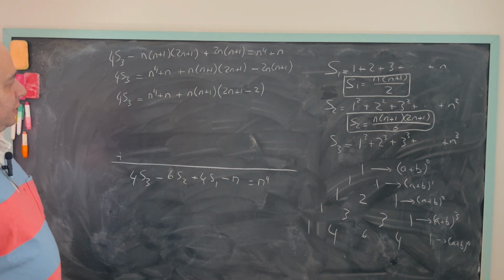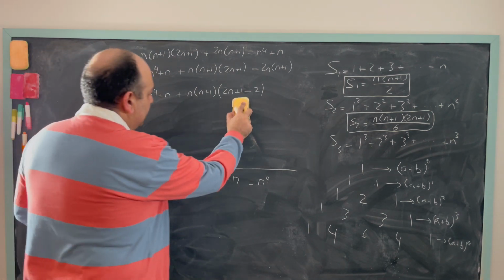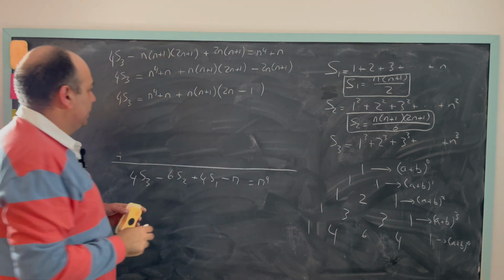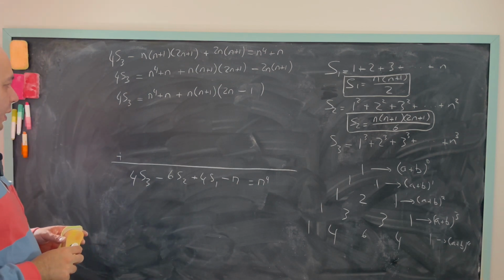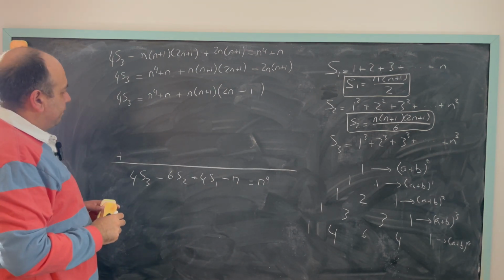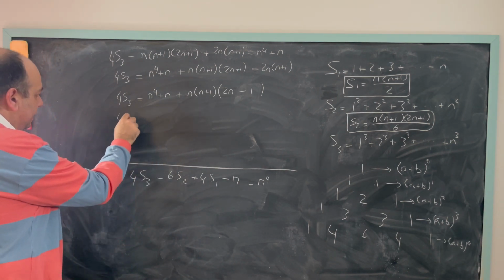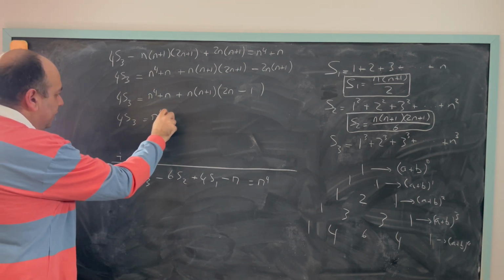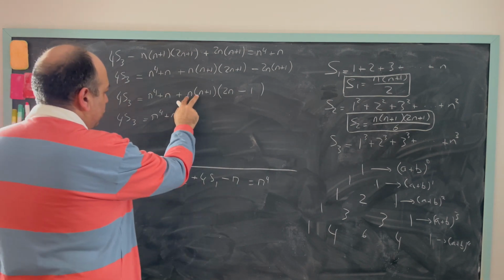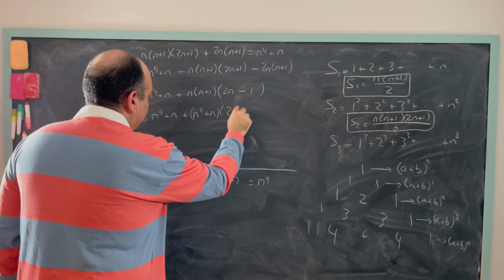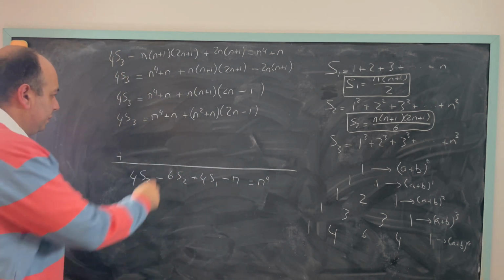Let's look at it again. Yes. So this is simply 2n minus 1. Is this good? Okay. So now we can expand it a little bit more. So n to the 4 plus n plus. So this gives me n squared plus n. So this is 2n minus 1. Great.